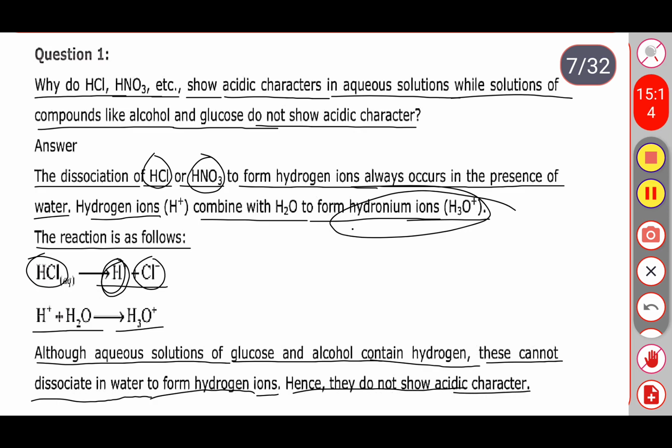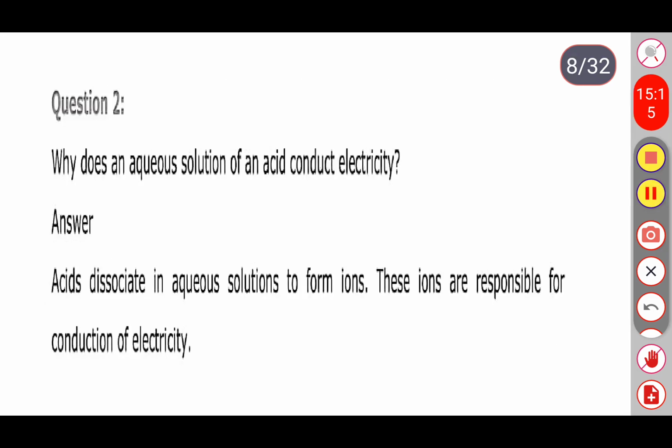Why does an aqueous solution of an acid conduct electricity? Why are acidic solutions considered good conductors of electricity? Acids dissociate in aqueous solution to form ions. These ions are responsible for conduction of electricity.